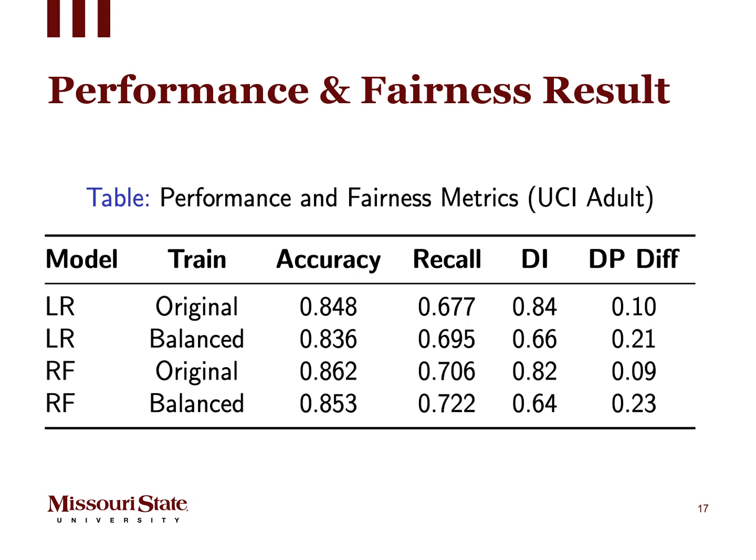This flags a more serious bias that was hidden in the skewed data. Likewise, DP difference roughly doubles from about 0.1 up to 0.2, showing a bigger gap in positive predictions for the protected group.